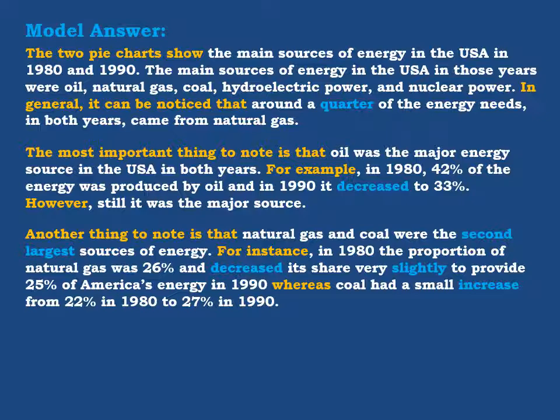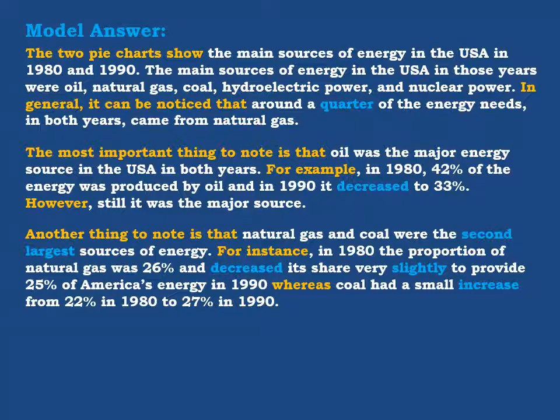Now we have to give details. For example, in 1980, 42% of the energy was produced by oil, and in 1990 it decreased to 33%. It is true that it decreased, but again, see the following sentence. However, still it was the major source because this percentage was still the highest.